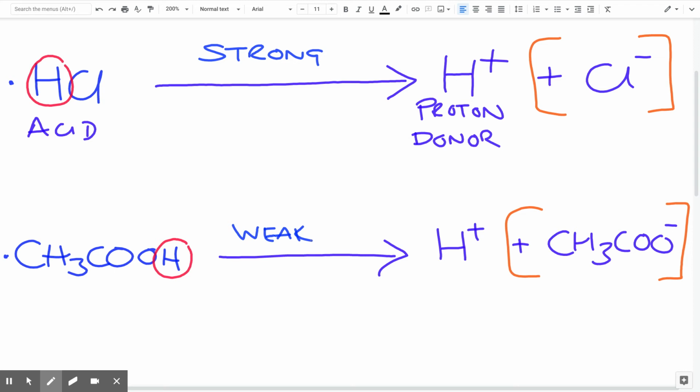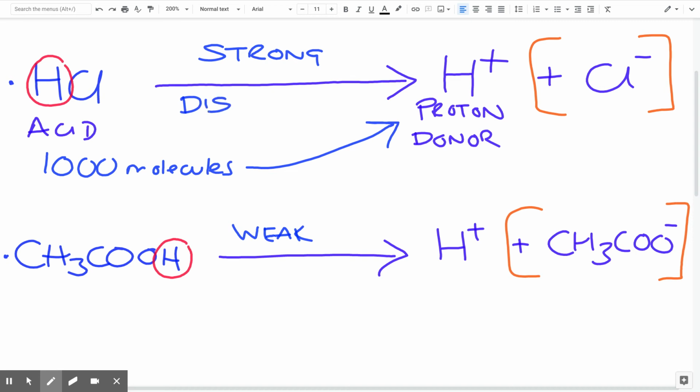And if you imagine, for argument's sake, we put in 1,000 molecules of HCl, then we have to ask ourselves how many of those 1,000 molecules or million molecules or whatever number we have, how many of those will dissociate, which is the thing we're looking at. It's called dissociation.